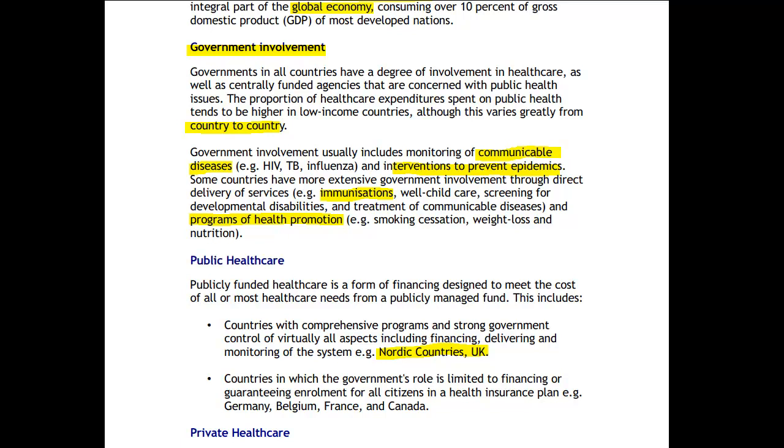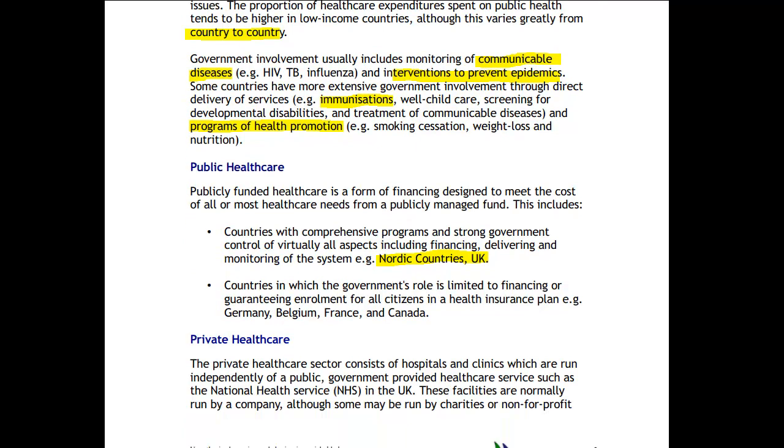In a public healthcare system like the UK, the government has a large amount of control, and healthcare is provided from a central government fund, and the NHS provides healthcare for all UK citizens for free, funded through taxation. But it can also be the case in some countries that a government's role is ensuring that all citizens are covered through a financing agreement or a health insurance plan.